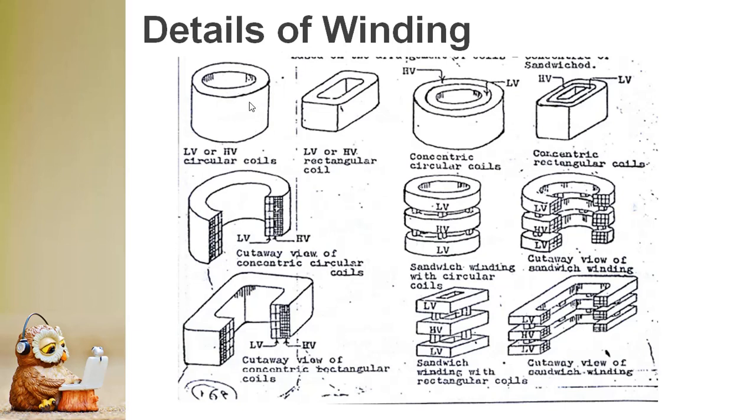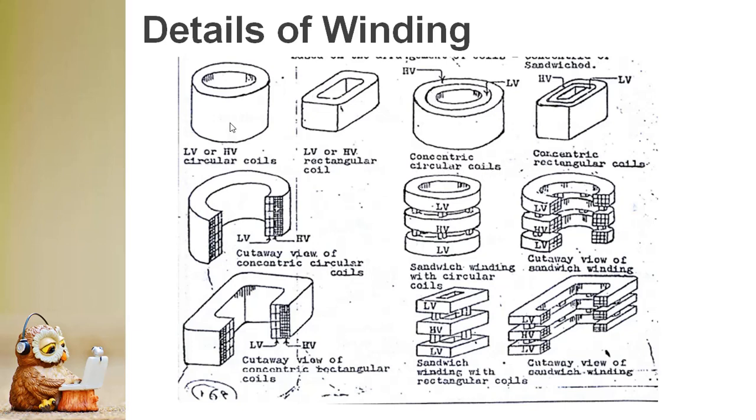Of course it is a cylindrical winding, or we can call it circular coils, and this is nothing but your rectangular coil, and this is nothing but a concentric. So LV and the HV wound on LV, and there will be some small insulation between HV and LV. Okay, concentric circular coils.